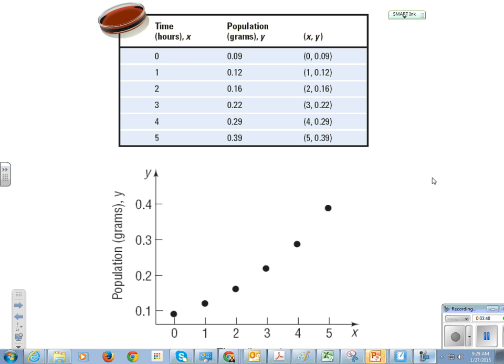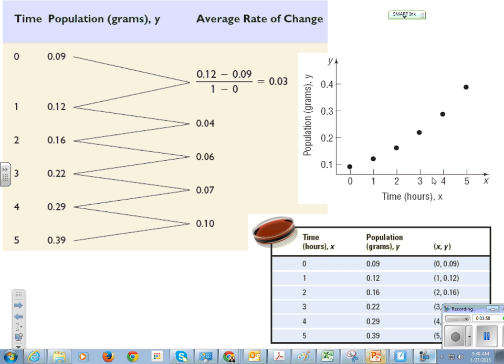And here, just as population normally does, it increases in a nice curved shape. It's just the nature of populations. Taking that and using the average rate of change from coordinate to coordinate, from 0 to 1, our average rate of change is 0.03.